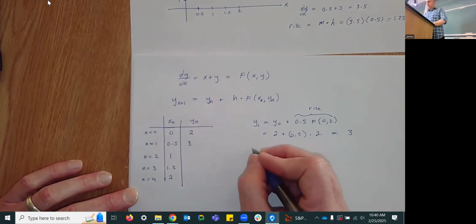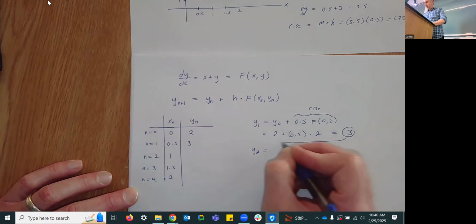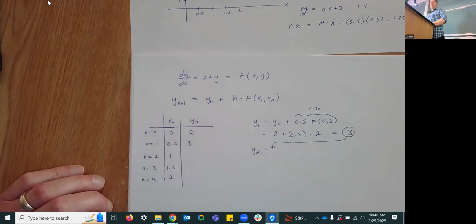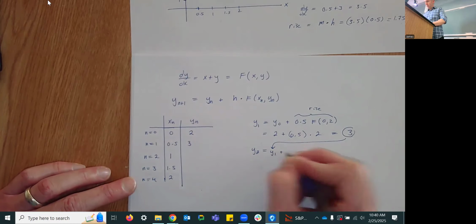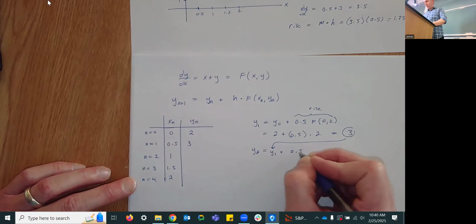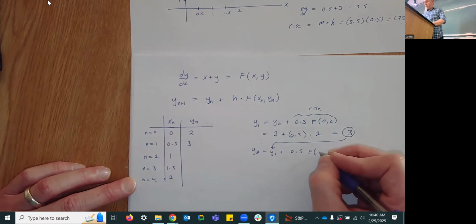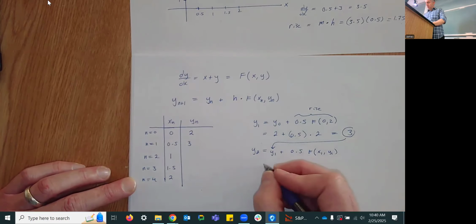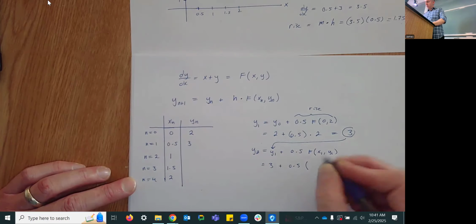Now to find y sub 2, which we also already did, we're just taking that new y value and plugging it in for y sub 1. So there's your y sub 1 plus, again, your 0.5 times f of your previous x value, x sub 1, comma y sub 1, which in this case is going to be 3 plus 0.5 times 0.5 plus 3.